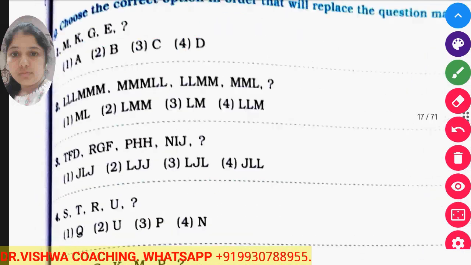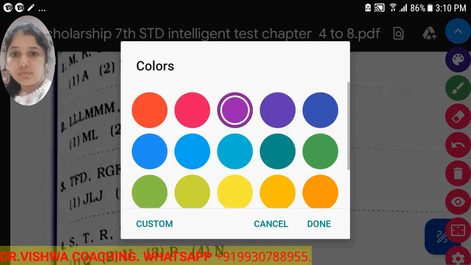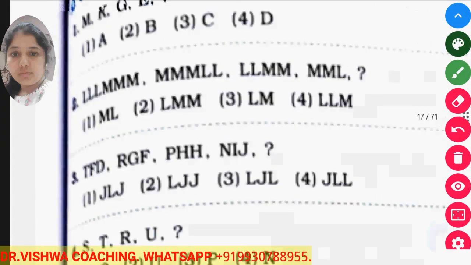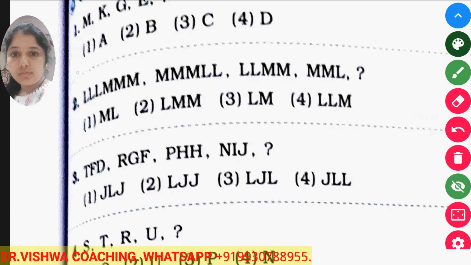Now the second question. We had solved the same question in the last series also. So L L L 3 times, then 3 times M. Now in the next series, M comes at the left side, L goes to the right side.